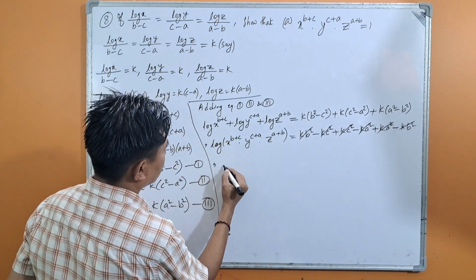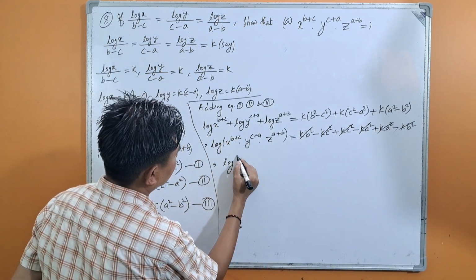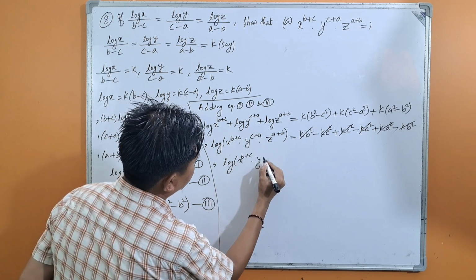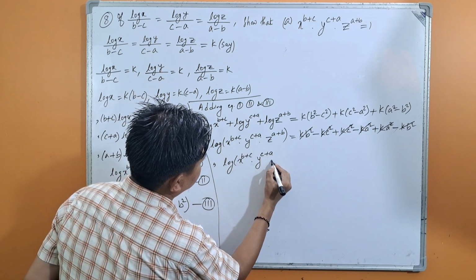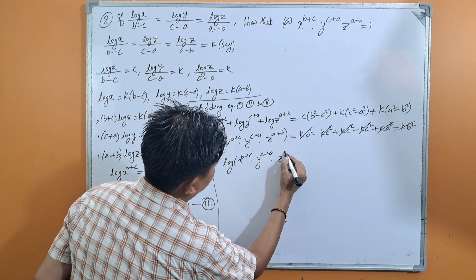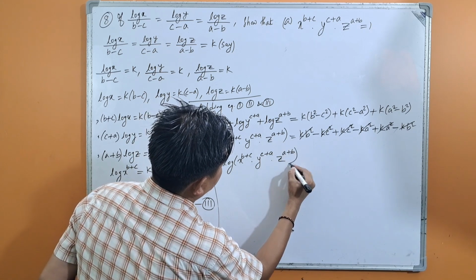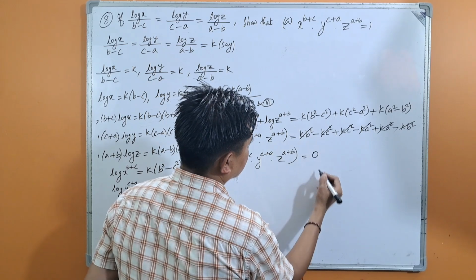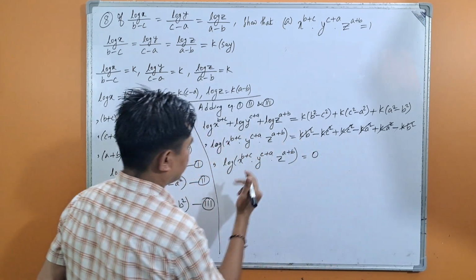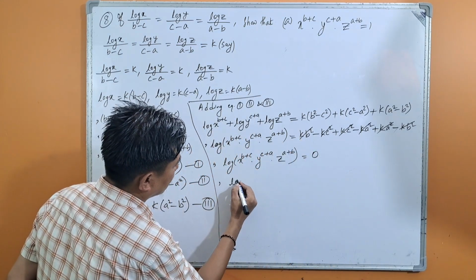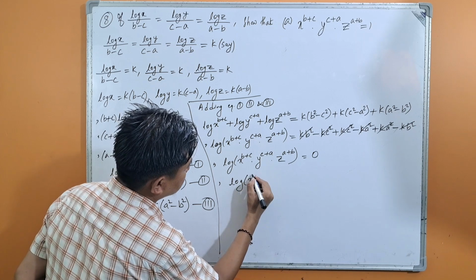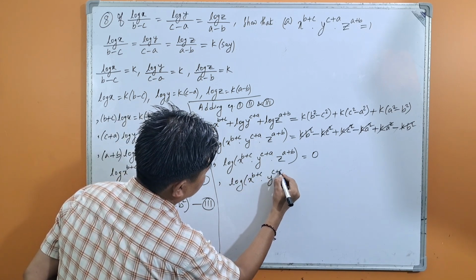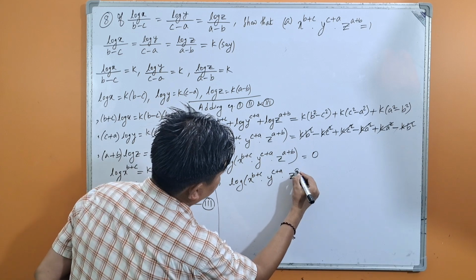So we have log of x to the power b plus c times y to the power c plus a times z to the power a plus b equal to 0 in the right hand side. Everything is cancelled, so we write 0.